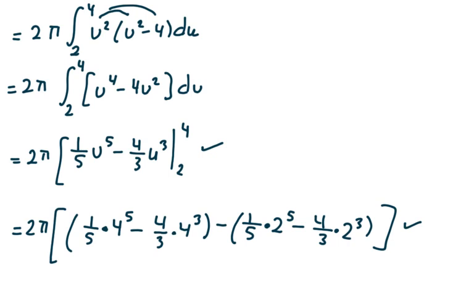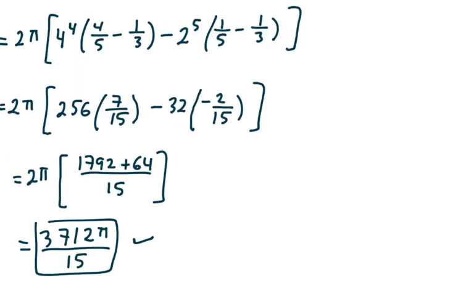Now, on the next page, I do some arithmetic manipulation. And when I'm all said and done, you're going to get an answer of 3,712 pi over 15. So the previous 3 lines is just arithmetic manipulation.